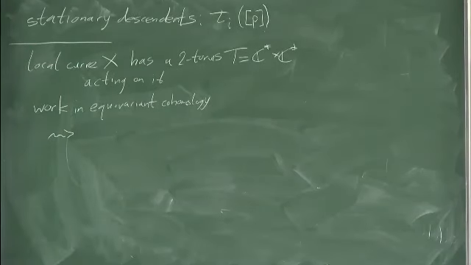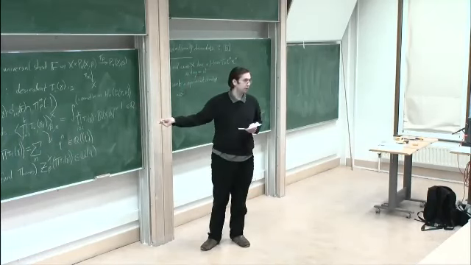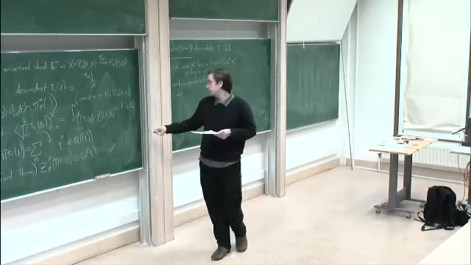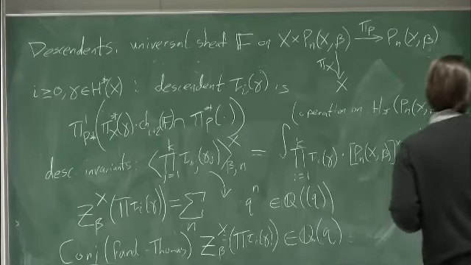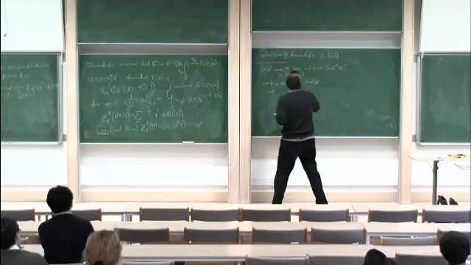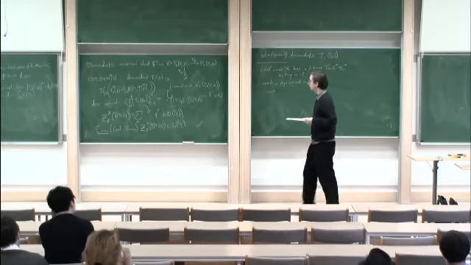then at the end, these invariants here will not just be rational numbers. They will be rational functions of 2 equivariant parameters, s1 and s2, corresponding to the 2 factors of the torus action.